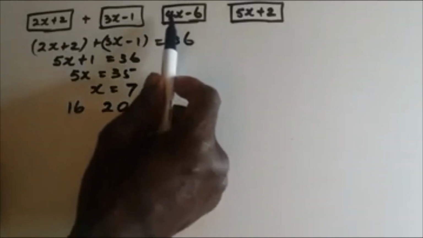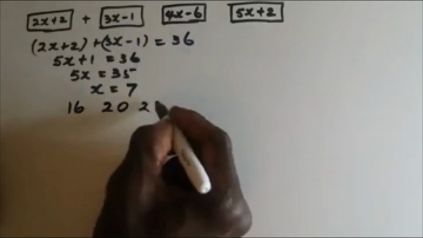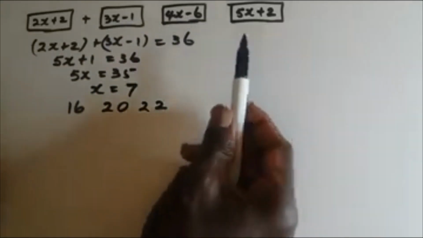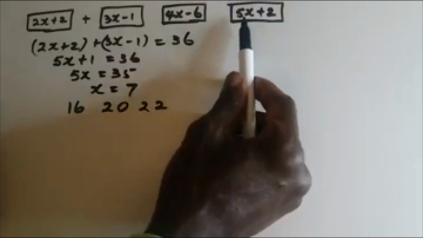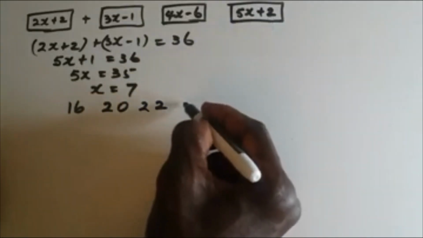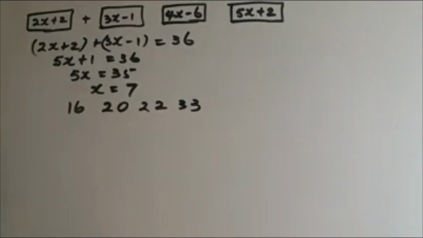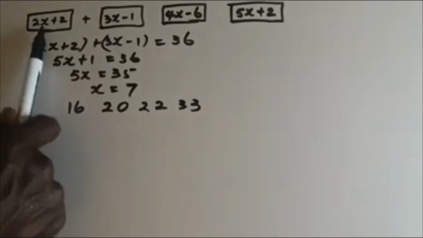Here is 7 4's 28 minus 6 gives us 22. And lastly, 7 5's are 35, take away 2 will give us 33.